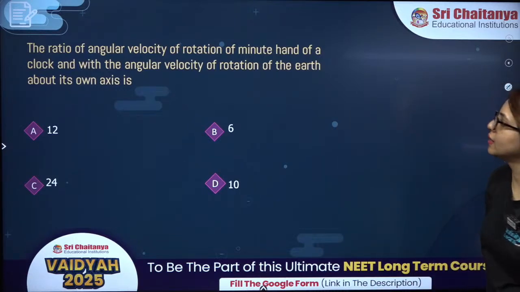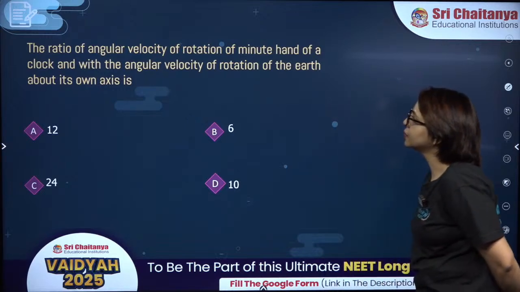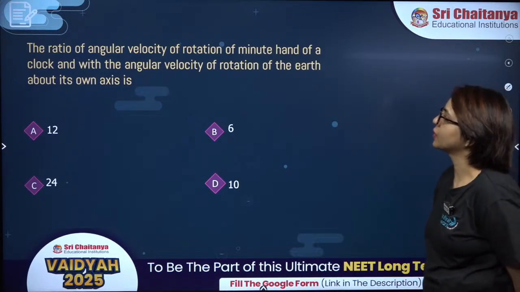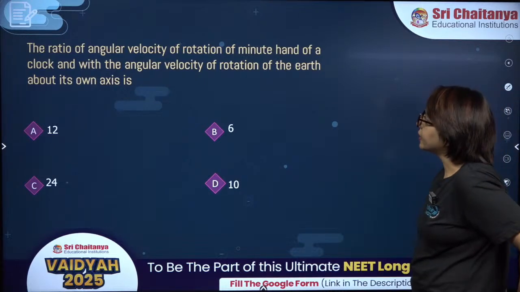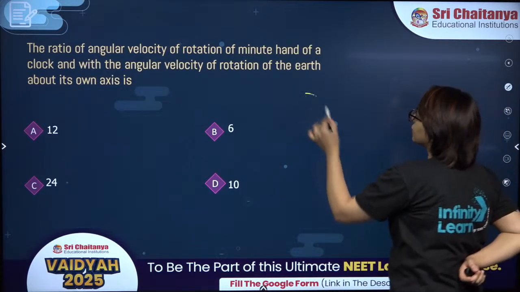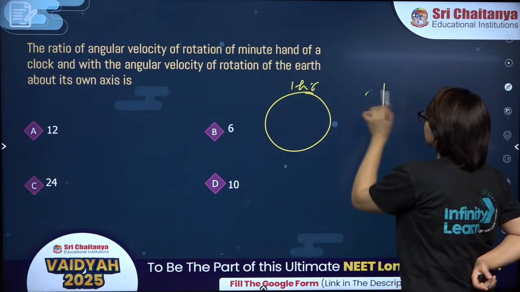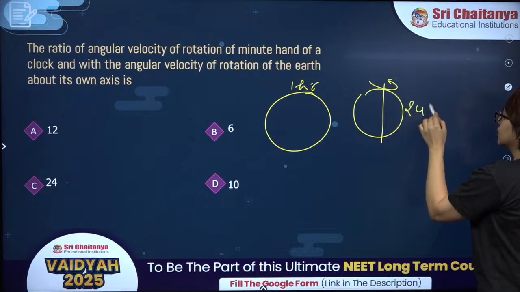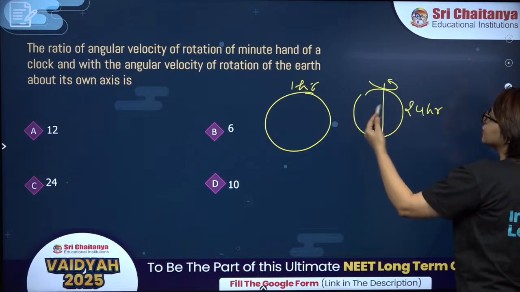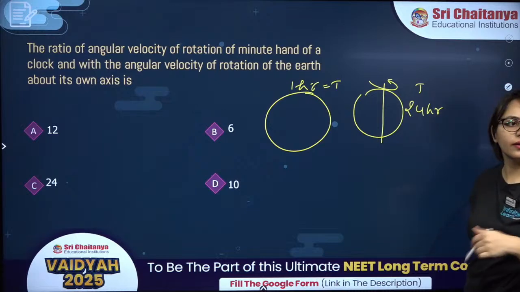Well done, well done. Angular velocity of rotation of minute hand and angular velocity of rotation of the earth about its own axis. The minute hand covers one complete rotation in 1 hour, and the earth rotates about its own axis in 24 hours. So these are the time periods of rotation of minute hand and earth, right?